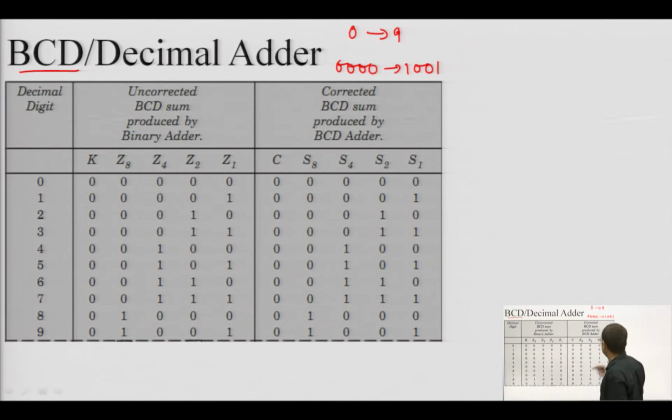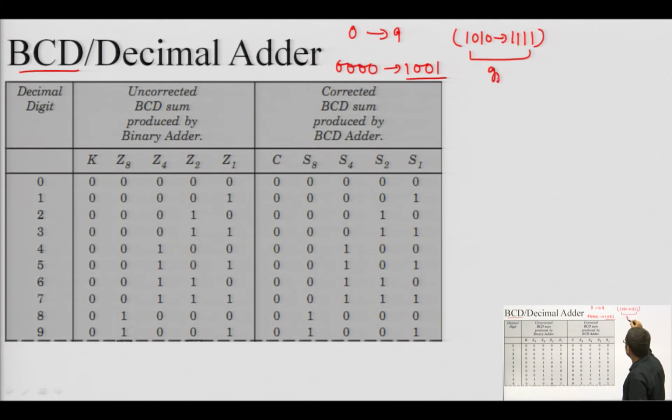Anything which exceeds 1001 in binary, that means 1010 to 1111, these are invalid BCDs, and these 0 to 9 are the valid BCDs.